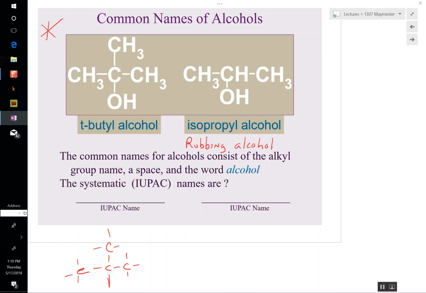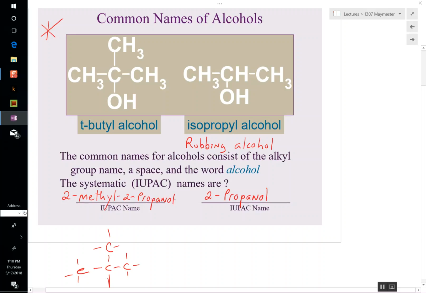Isopropyl is 2-propanol. Yes, that's right, 2-propanol. And t-butyl alcohol is 2-methyl-2-propanol.